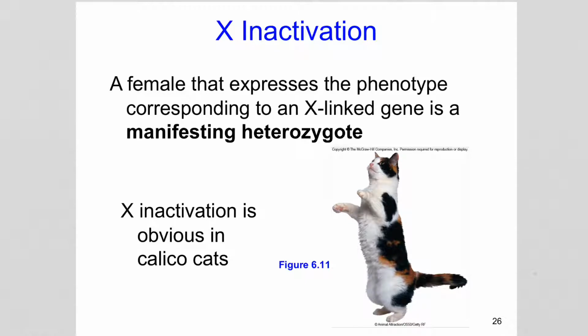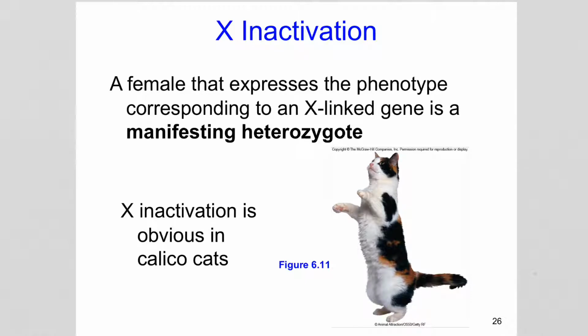On the other hand, if randomly the mutant alleles are the ones that end up being passed on and maintained over the cell's generations, that mother could actually show a lot of problems associated with the condition. A great way to physically see this representation of a mosaic phenotype is to look at calico cats.